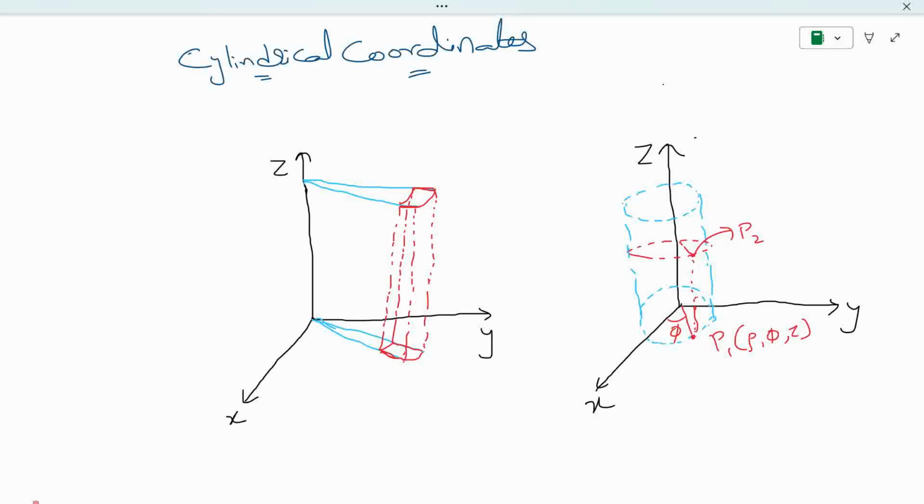The important thing is there are many different things that we need to calculate in electromagnetic theory, like divergence or curl or Laplacian or dot product, cross product.